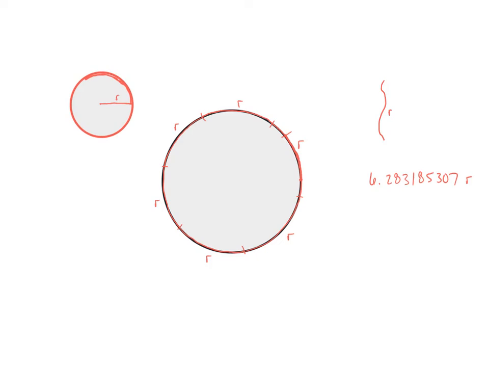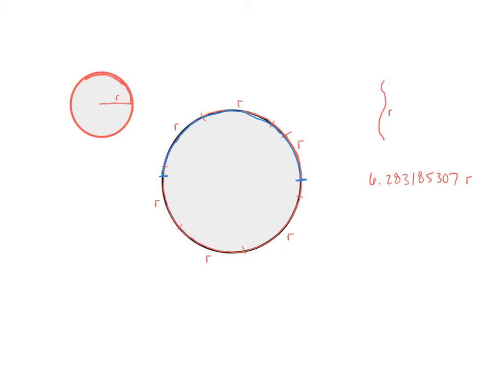What I want you to do is to figure out, if this is a full circle, well then how far is a half circle? Right, so how many radii is it for me to go from where we're used to starting our angles to halfway around the circle, which I know to be 180 degrees, but I don't want to represent it in degrees anymore. I want to represent it in radii.